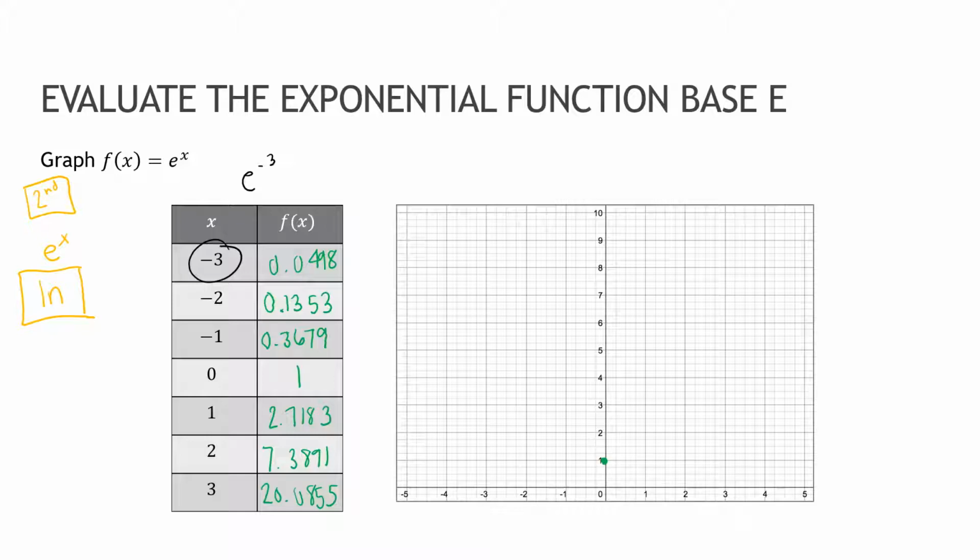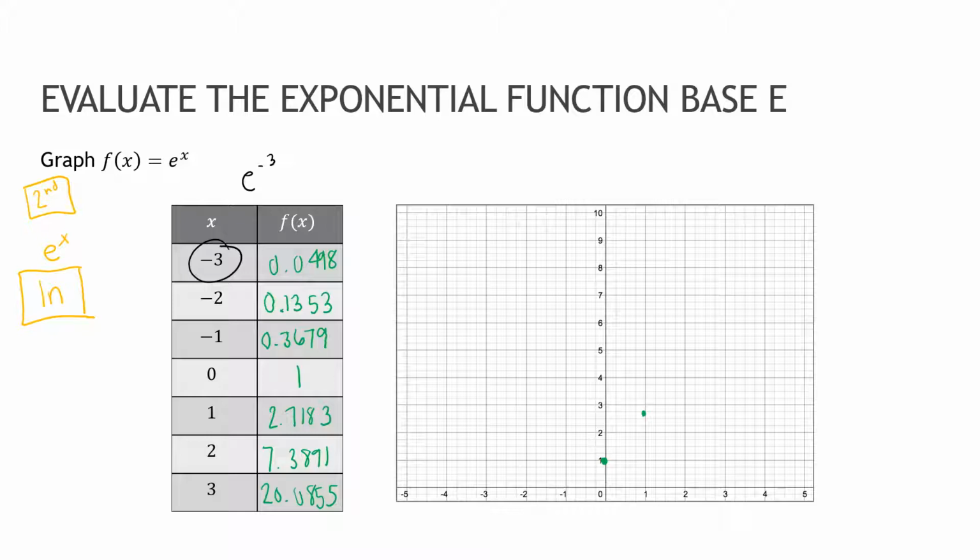So I know it's going to go through here. I know 1 is 2.7, which is maybe somewhere in here. I know 2 is 7.3891, so maybe somewhere in here. And then all of the rest of them are really small numbers. So if I put in -1, it was somewhere in here, and -2, I keep hitting a button wrong here.